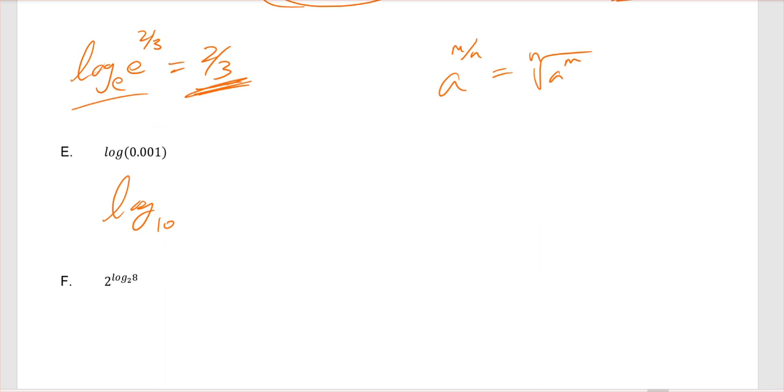So this is 1,000th. And now I want to rewrite 1 over 1,000 as a power of 10. So we know that 10 to the third is 1,000. So if I do 10 to the negative third, well, that's 1 over 1,000. Okay, and now I can just conclude that's -3. Okay, cool.